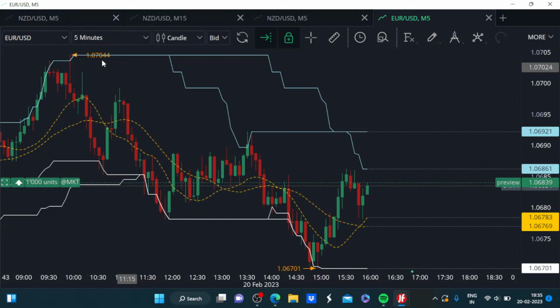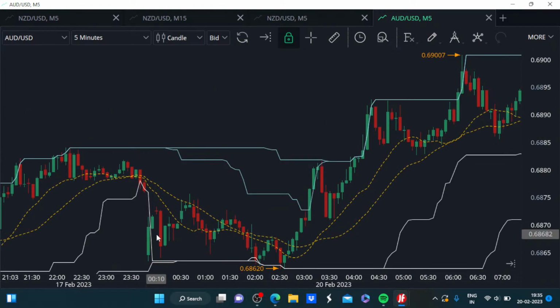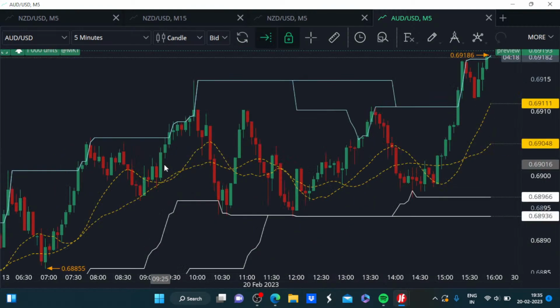The AUD has consolidated during today's trading session. After a slightly lower opening compared to Friday's close, we have seen the AUD USD climbing up above 0.69, and after that it has been able to hold closer to these levels, and for the larger part of the day it didn't really go anywhere.